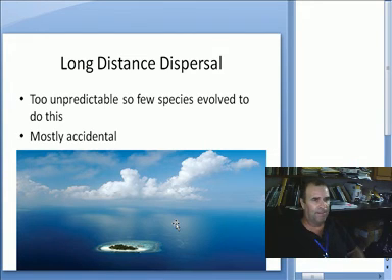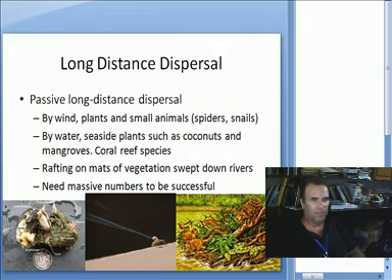Okay? All right. So, long-distance dispersal, not something which plants tend to do on purpose, but quite often through events they don't really plan on, they do get dispersed fairly large distances.